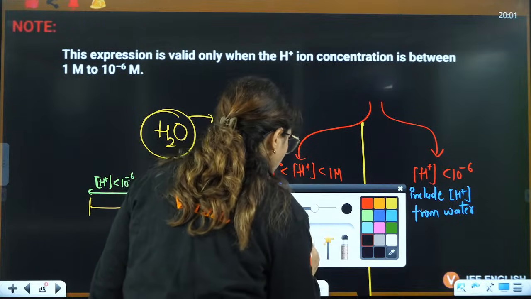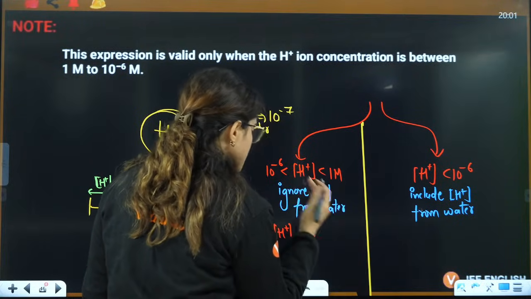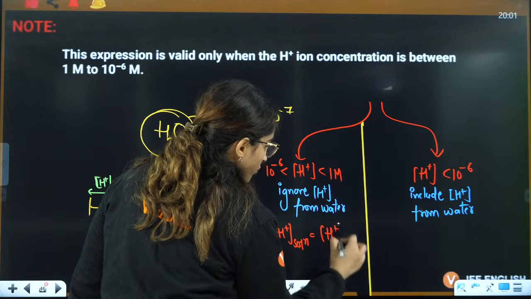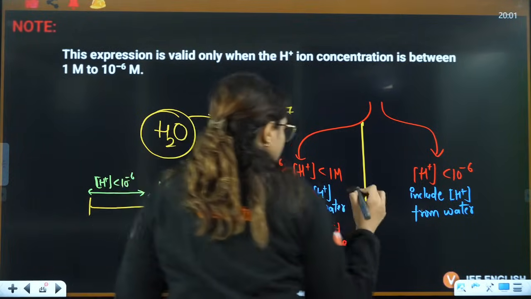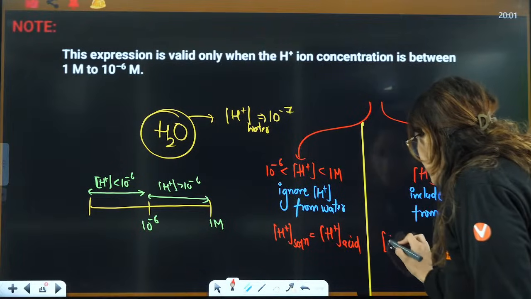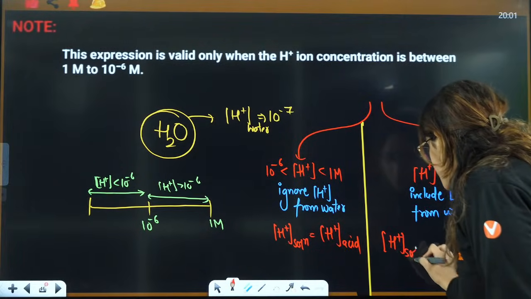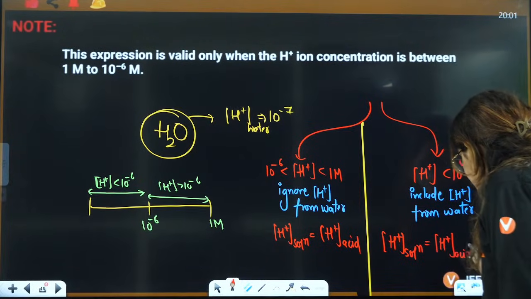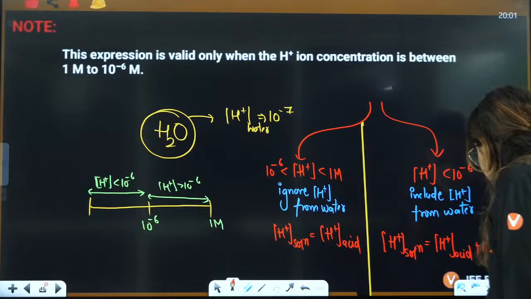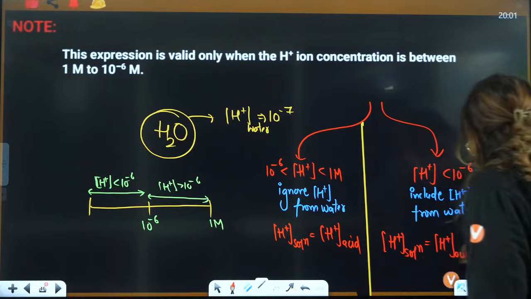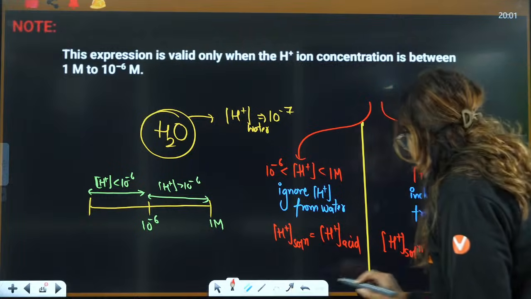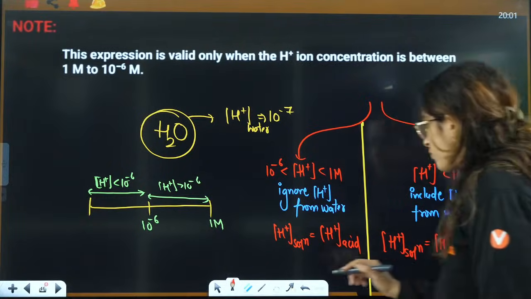So here, H positive from water will be ignored because it is less, and H positive of the solution will be only H positive from the acid. And here, H positive of the solution will be H positive from acid, whatsoever it is, plus 10 raised to power minus 7, that is from water.